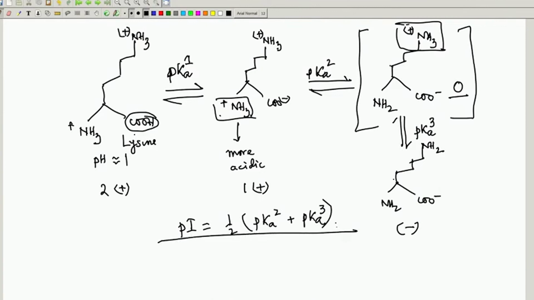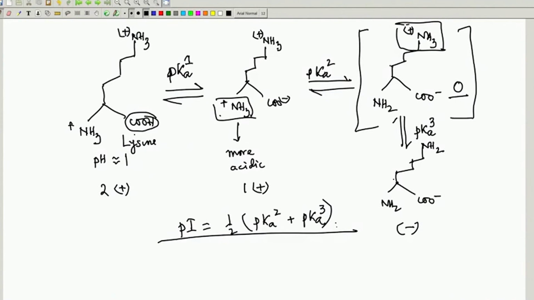Now, this is very important. Here we are only talking about amino acids. If we have a peptide, a dipeptide or a tripeptide where there are different ionizable groups, that will also have an isoelectric point. An isoelectric point is very important because it is related to the movement of the system in an electric field.